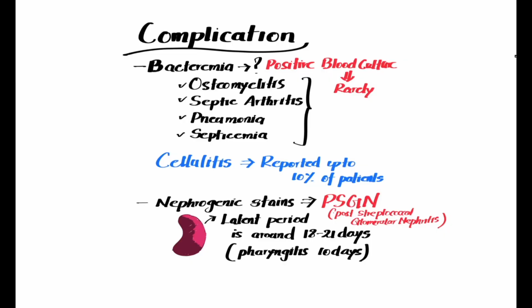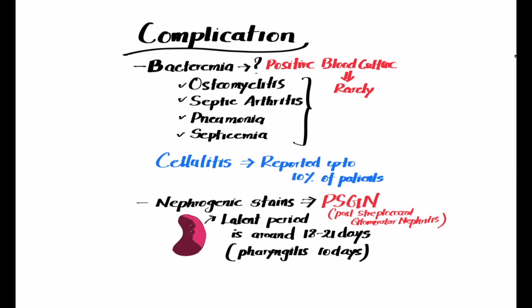Looking at the complications of impetigo, impetigo can cause bacteremia, but it's very rare. Other complications can be osteomyelitis, septic arthritis, pneumonia, septicemia. These also can occur, but these complications are rare phenomena secondary to impetigo. Cellulitis is also rarely reported, in around 10% of the patients.